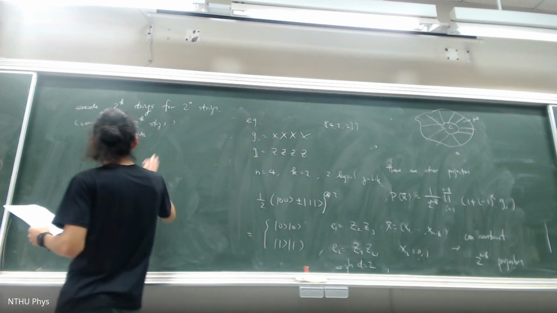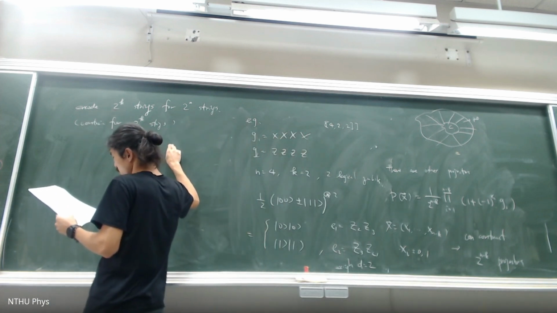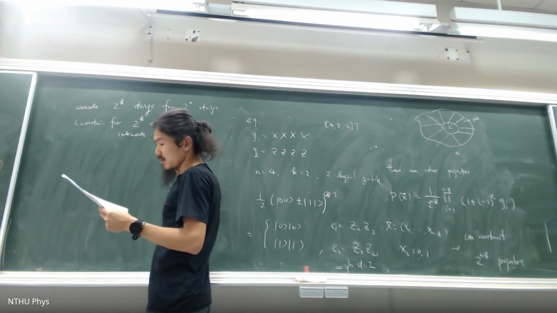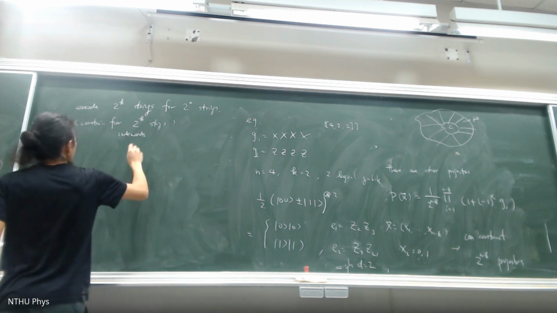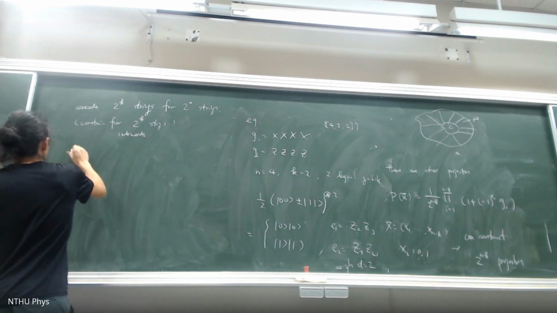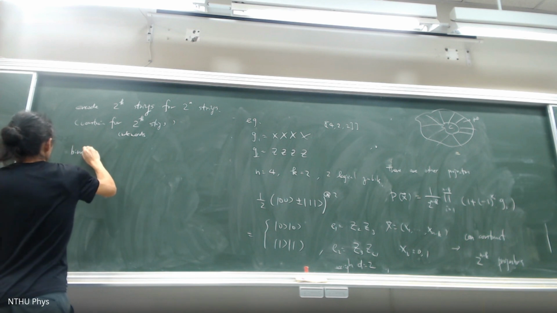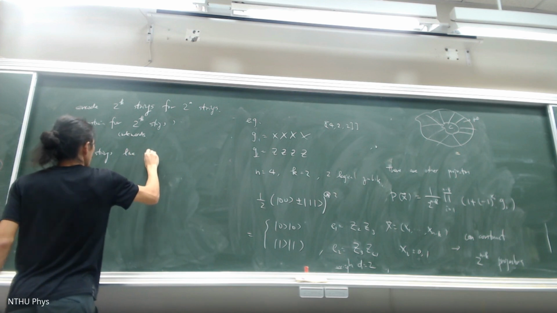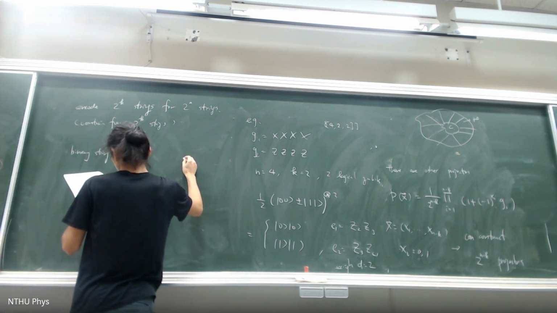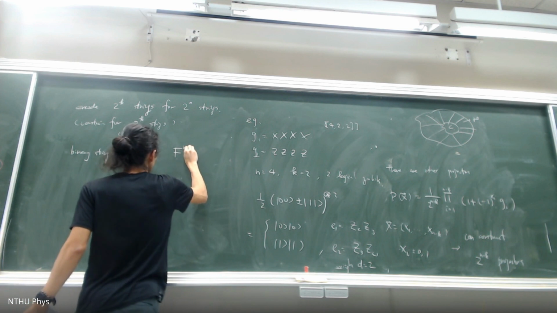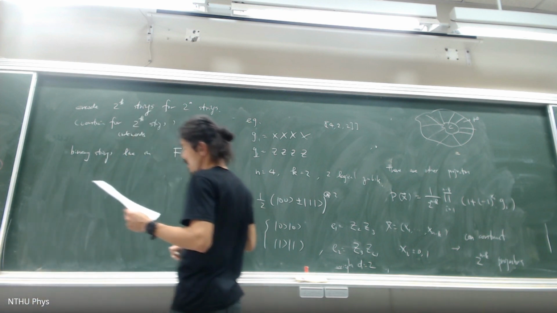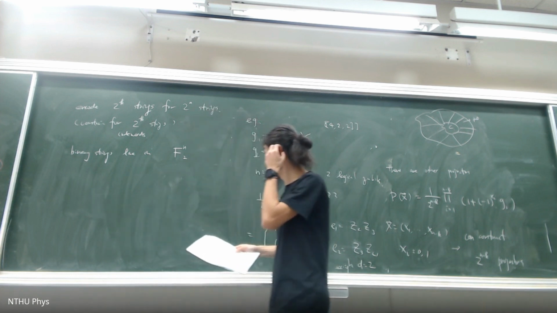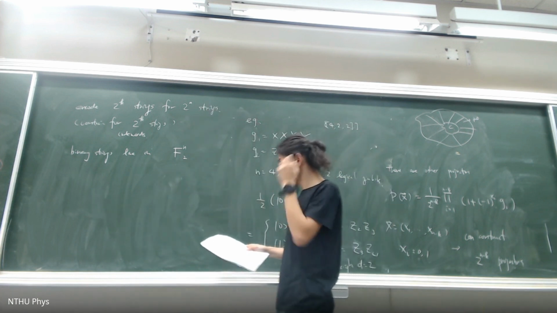With this in mind, we can consider this string as a vector, and this is a very interesting vector space of binary strings. It is the vector space called F2^n, the binary vector space, and it satisfies binary algebra.